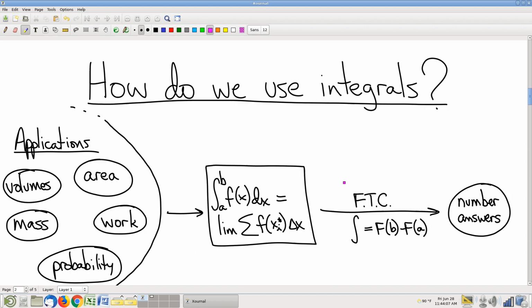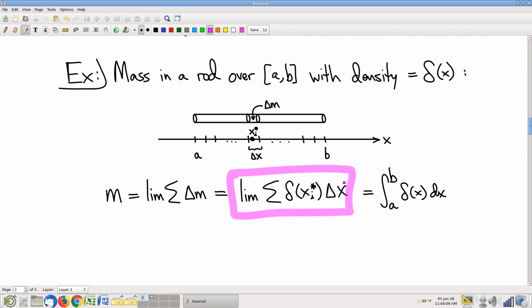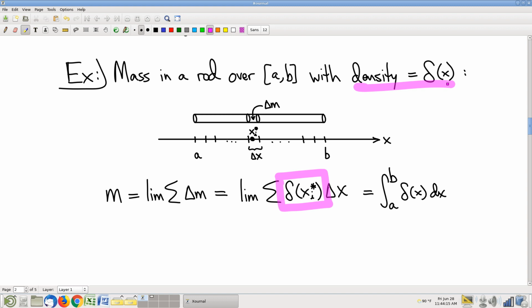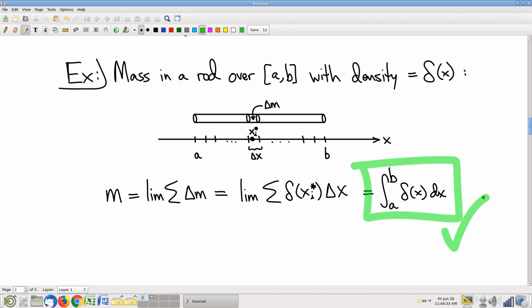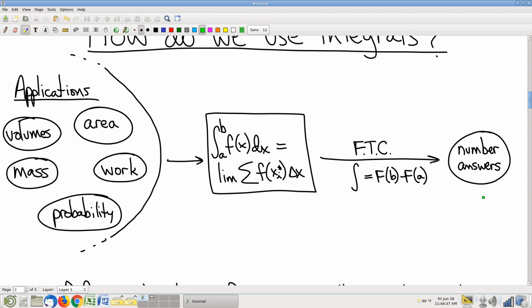And in this case, for this application, density is what that function is. This is the appropriate integrand because of how the Riemann sum argument relates to our original question of wanting to compute mass. So this being a Riemann sum, we can write it as an integral, and there you go. This is an integral that you can then compute with the fundamental theorem of calculus up here.